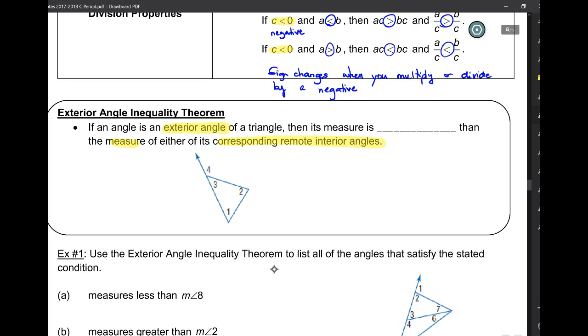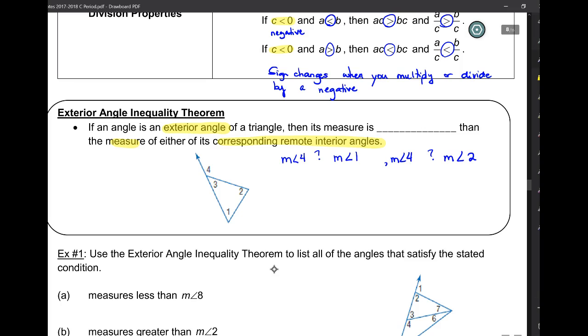Okay, we're working with inequalities. So in other words, we're saying the measure of angle 4 is what compared to the measure of angle 1, and then the measure of angle 4 is what compared to the measure of angle 2.